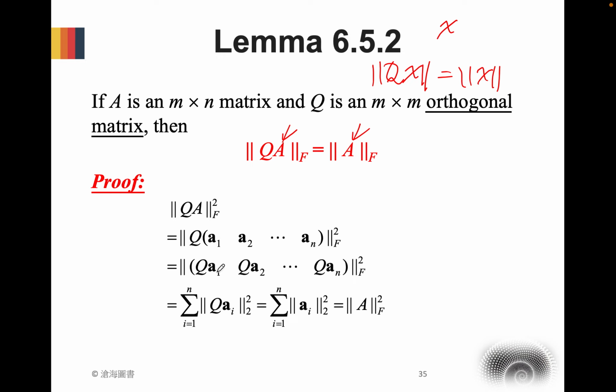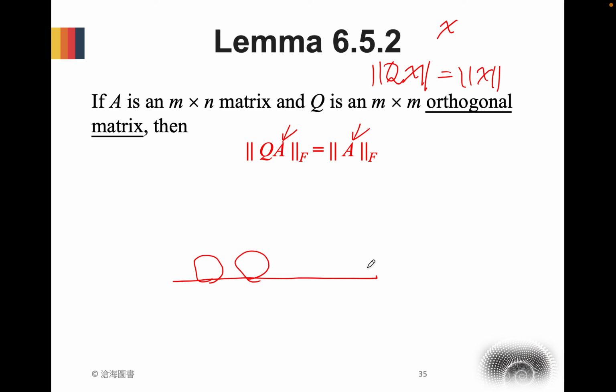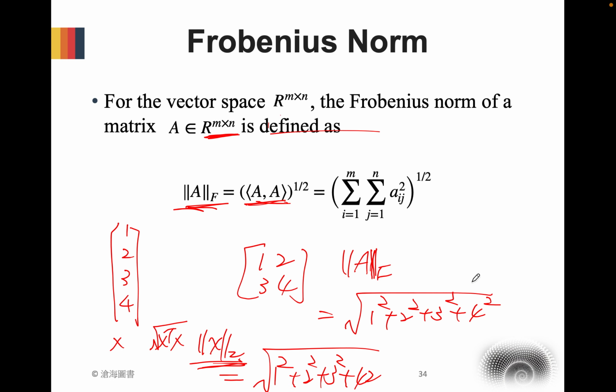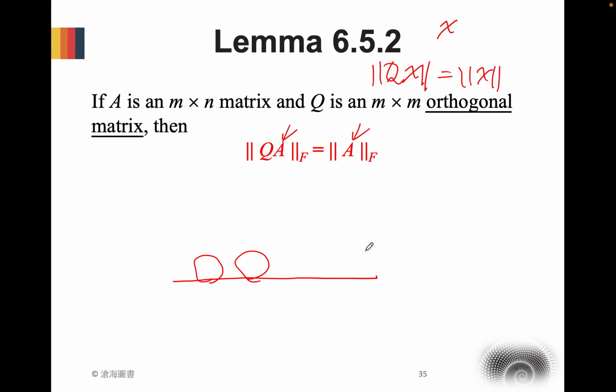If we separately view QA1, actually QA1 is a vector. QA2 is also a vector. So in fact, just like what we said here, this value is equal to this value, right? These two are equal.